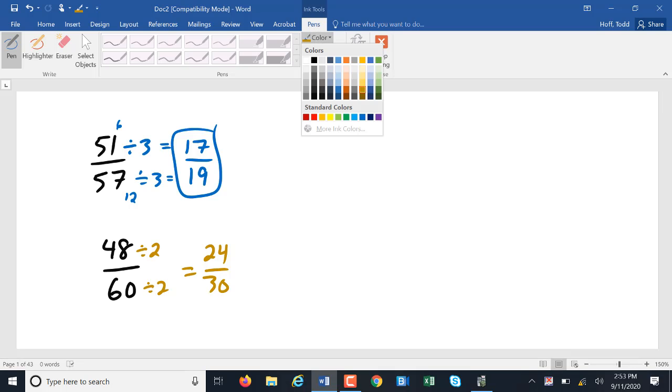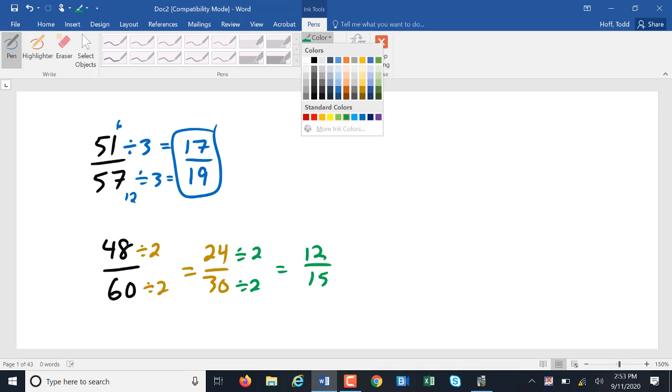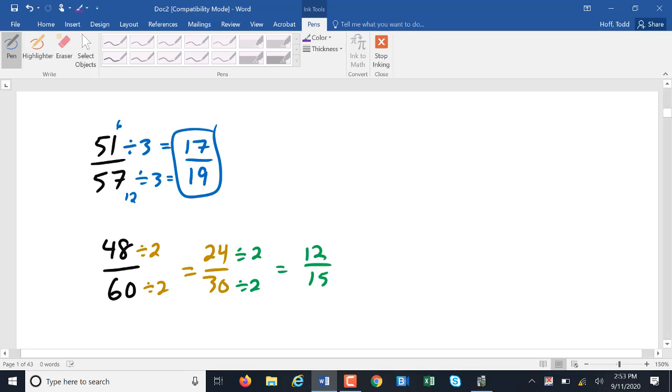They can both still be divided by what? 2. They're still both even. 24 divided by 2 is 12. 30 divided by 2? 15. Can we divide by 2 again? 15 won't quite work, will it? 15's odd, but they can be divided by 3. 12 divided by 3? 4, and 15 divided by 3 is 5. So we got 4/5.